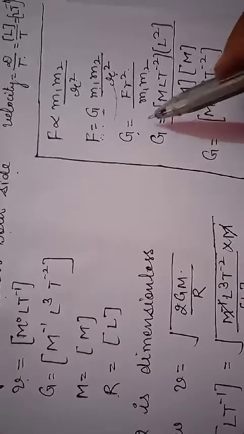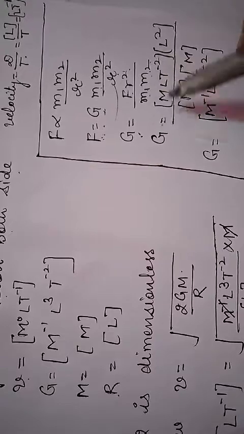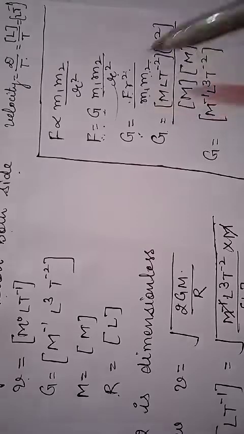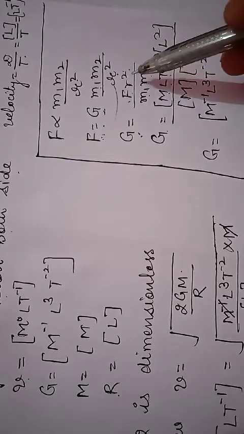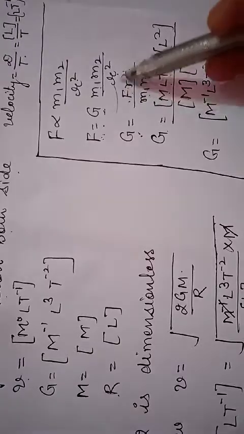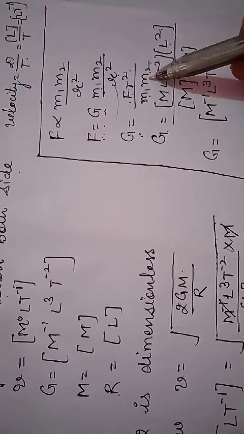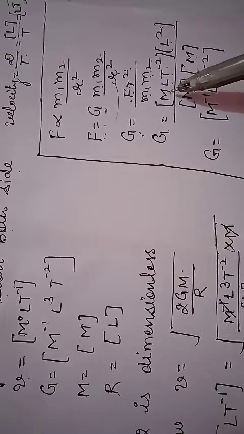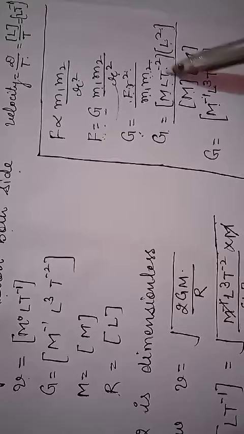Now we have the formula of the gravitational constant G, F r square upon m1 m2. So we write the dimensions. We know the dimensions of force are M L T minus 2. The dimensions of r, the distance, are those of length, that is L square, and upon m1 m2 the dimensions are M into M. Now solving this, we get M minus 1 L cube T minus 2.